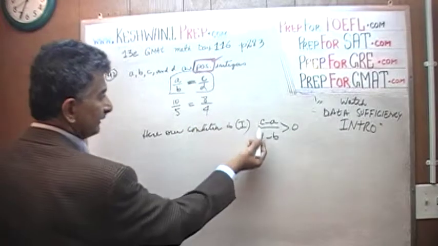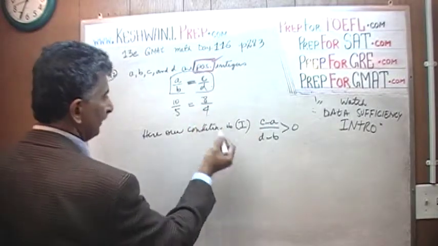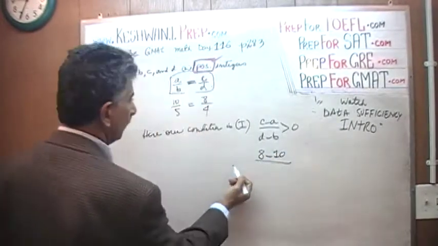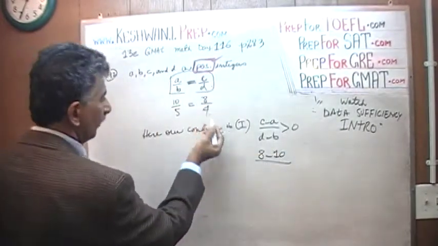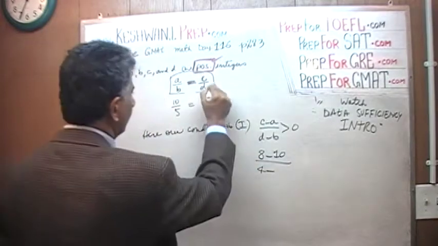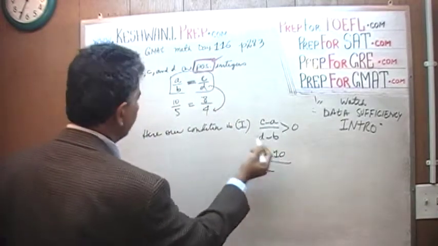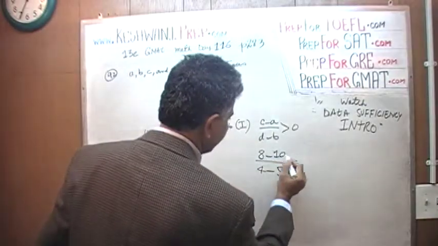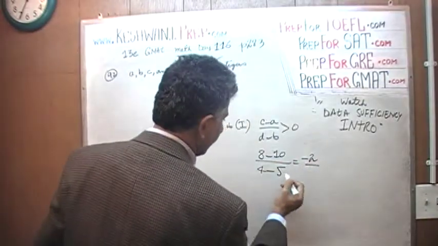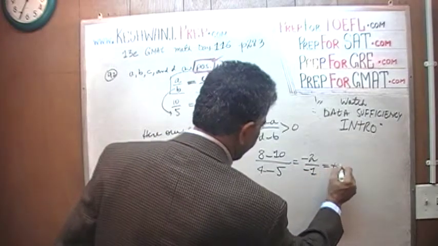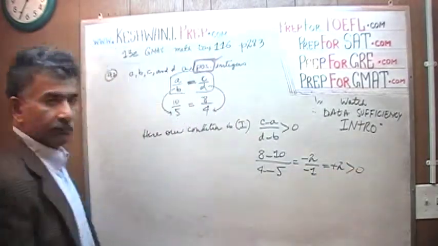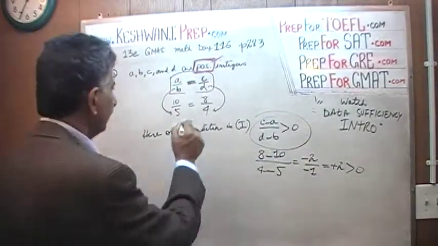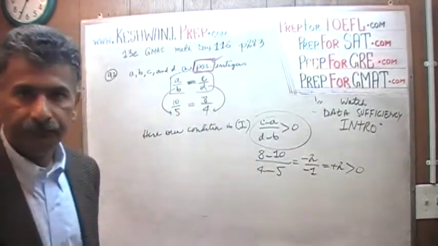C is 8, minus A, which is 10, over D minus B. D is 4, and B is 5. 8 minus 10 is negative 2, 4 minus 5 is negative 1, which equals positive 2. Yes, so we fulfill the condition, and yet we have shown a situation where these two are equal.